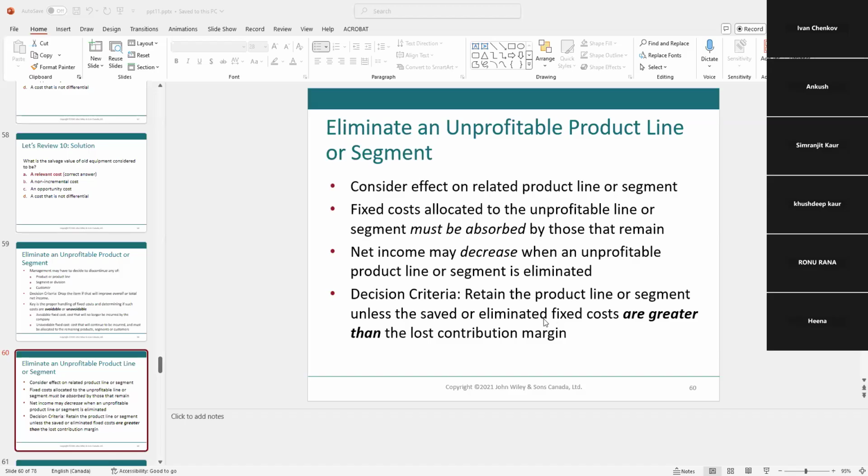So now this decision criteria makes sense. As long as the saved eliminated cost is more than the loss of the contribution margin, go for it.